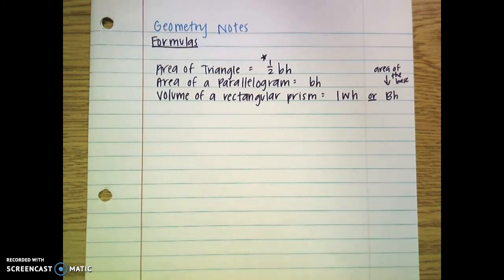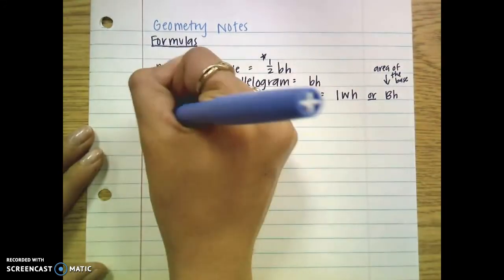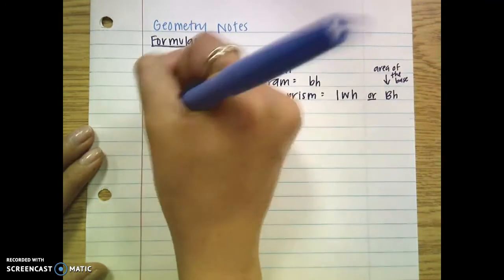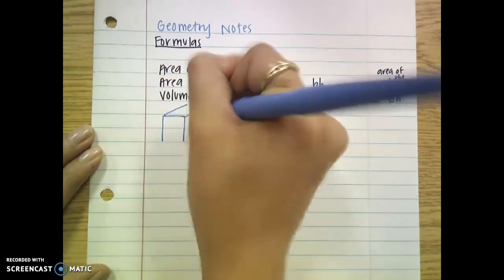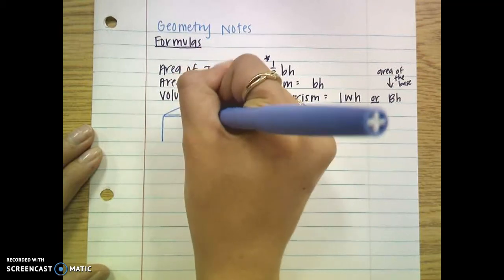I'm going to do a couple quick practice problems for volume. If I had a shape sort of like a cube, so I'm drawing my shape. It's not great. I'm not a great artist.